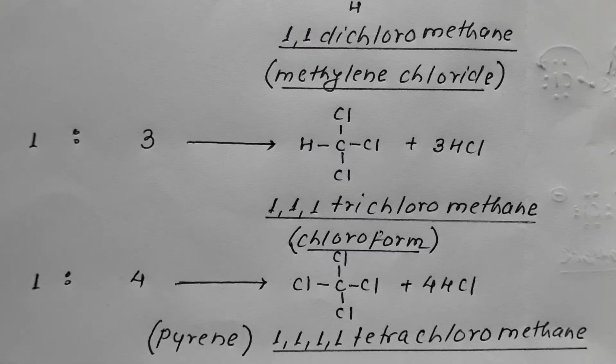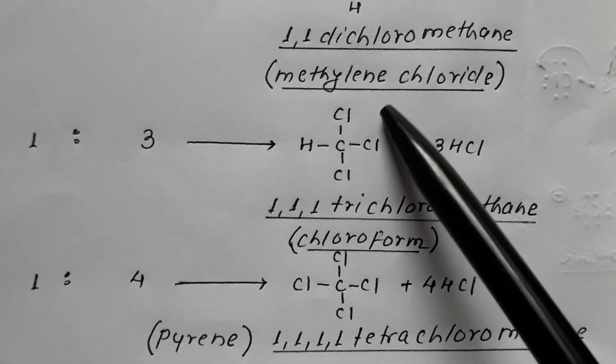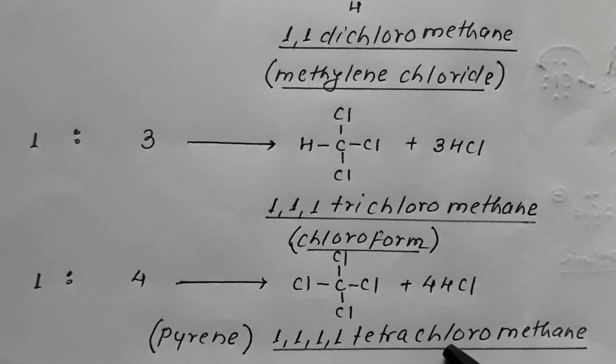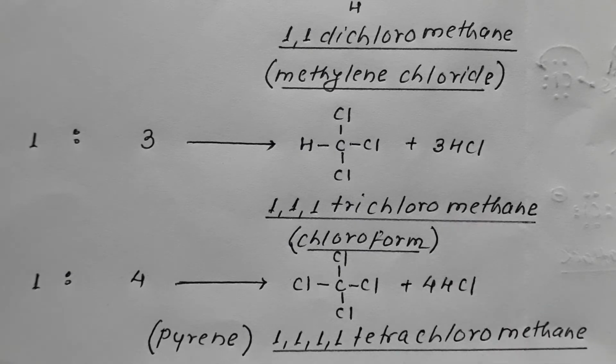So when methane is made to react with chlorine in presence of UV radiation, what would be the product? It will give you a mixture of methyl chloride, methylene chloride, chloroform, and pyrene.